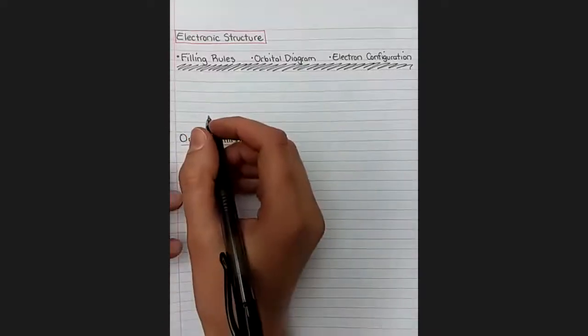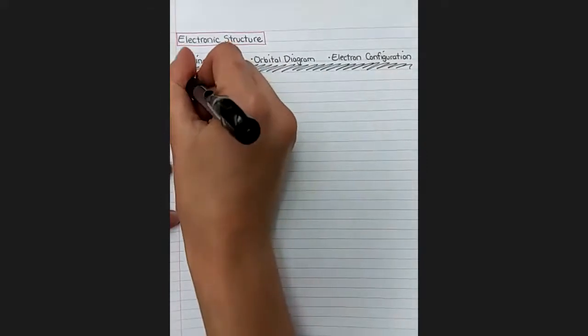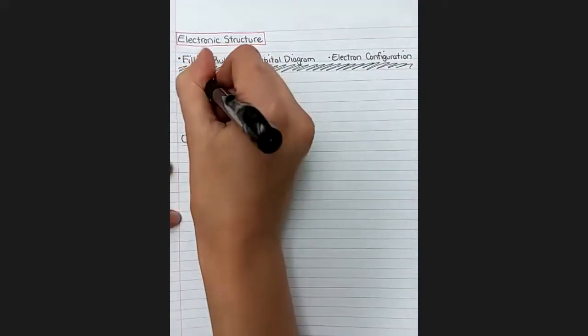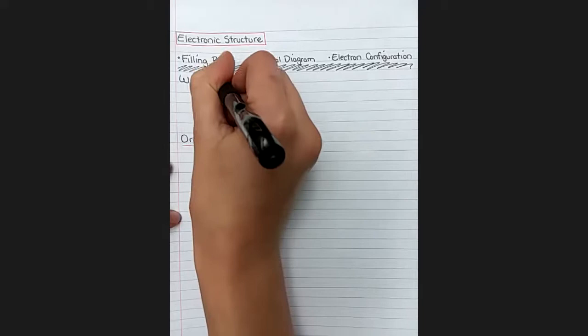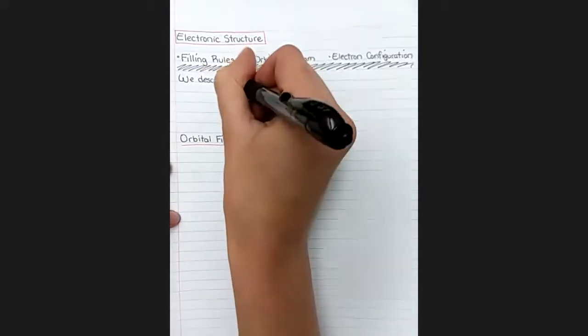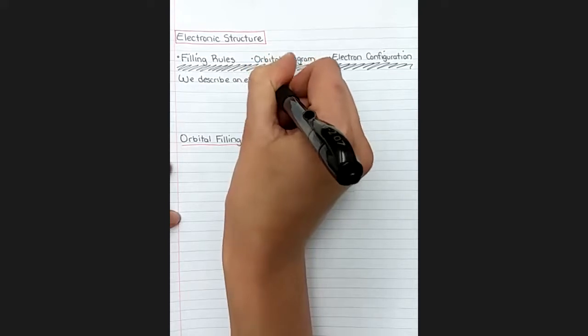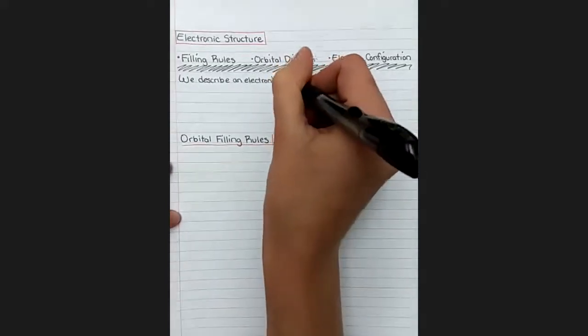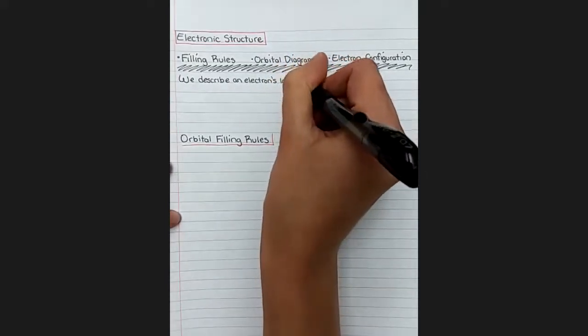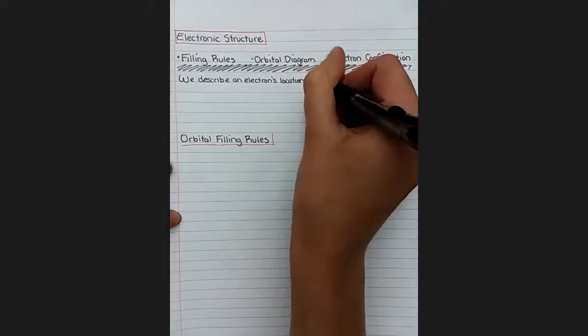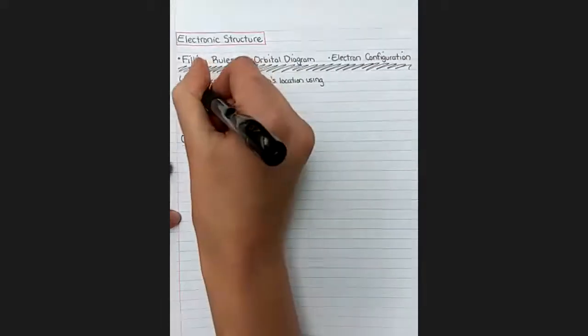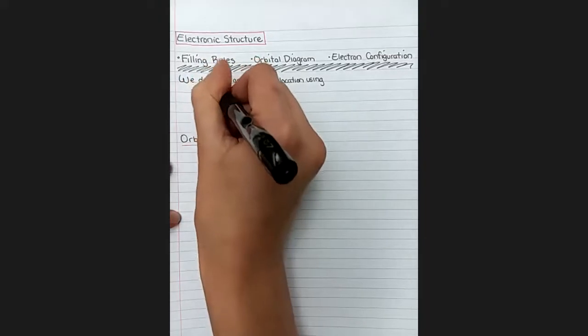So in the previous video, we were talking about an electron's address. We said we can describe an electron's location using an address, an electron address.